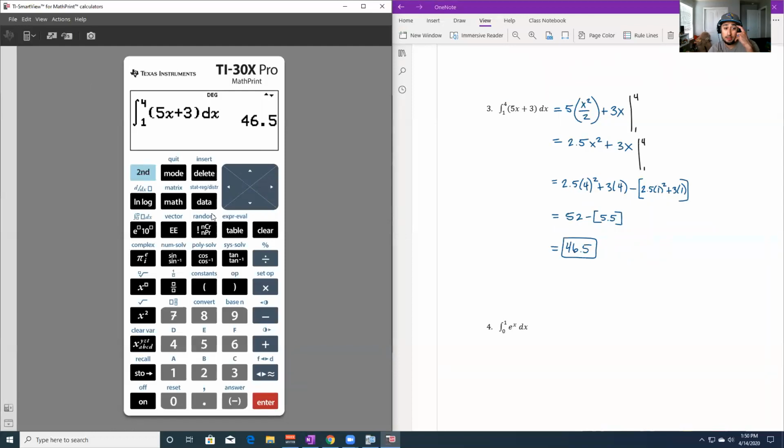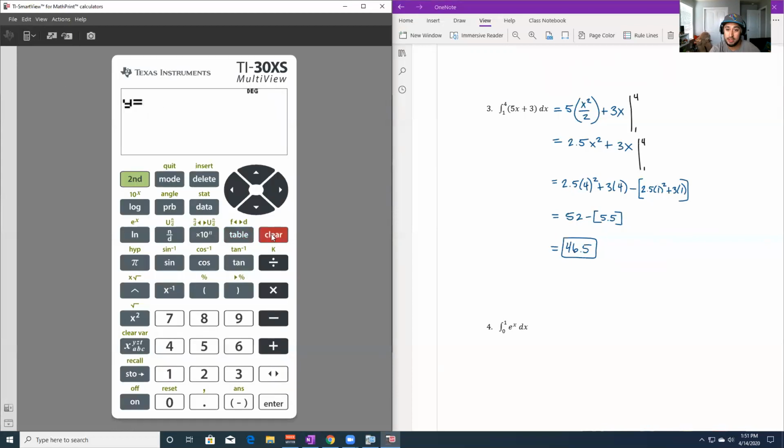Okay, now once again, let's say you don't have that. Let's say you have to use the table feature. Well, if you're using the table feature, you are going to type in the antiderivative, which is right here. This is what you will type in to the calculator. So I would do y equals 2.5 x squared plus 3x. I will hit enter. Your settings should be the same. If not, make sure it's on Ask X. Hit enter, hit OK.